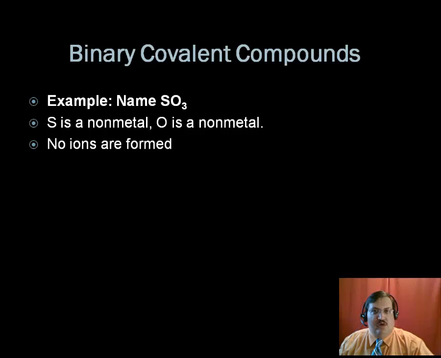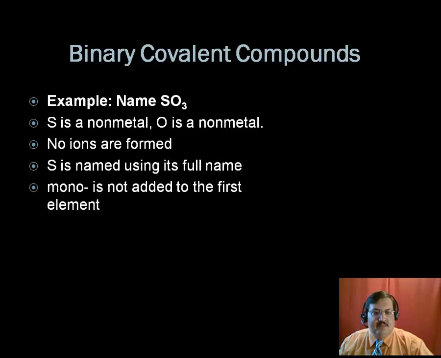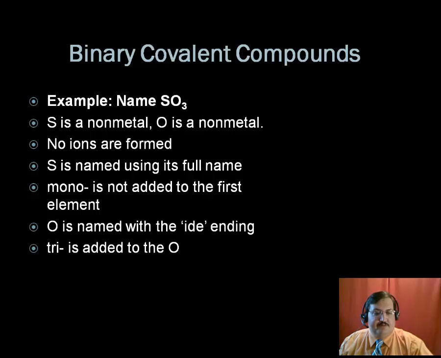There are no ions formed, so we are not looking at the charges here like we did in the ionic compounds. S is named using the full name of the element. S, if you remember from the periodic table, is going to be sulfur. Mono is not added to the first one. Even though there's one, we're not adding the prefix mono.